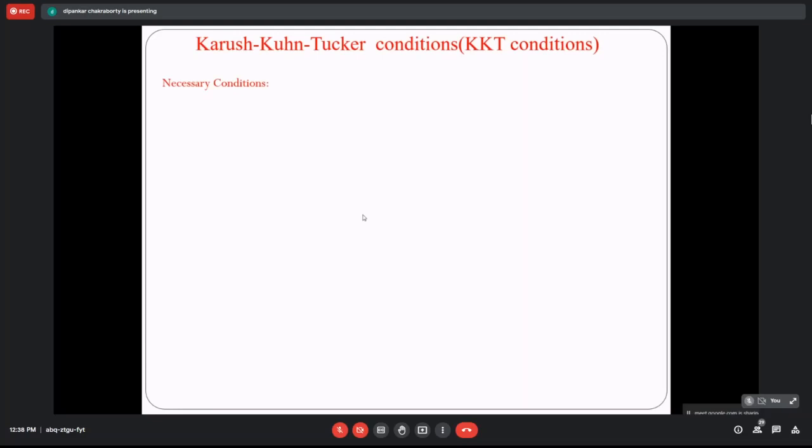So what are the necessary conditions? First of all, we are going to create the Lagrangian function.